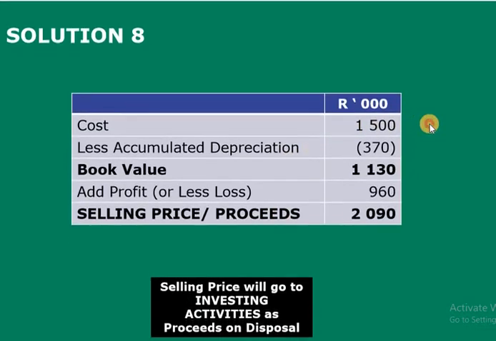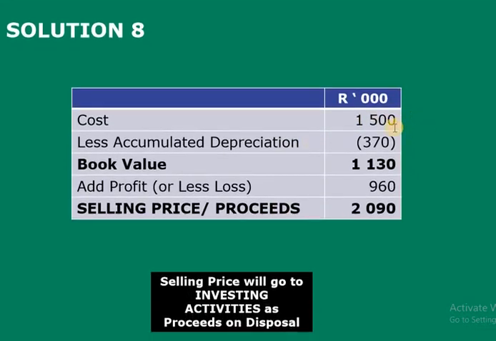Now if you look at the solution, the cost is 1.5 million less your accumulated depreciation equals your book value. Now you know that you sell it for a 960,000 profit, so you sell it for 960,000 rand more than the book value. So therefore the selling price or the proceeds must be 2.090 million.